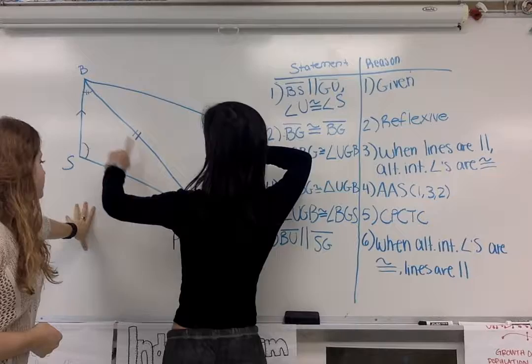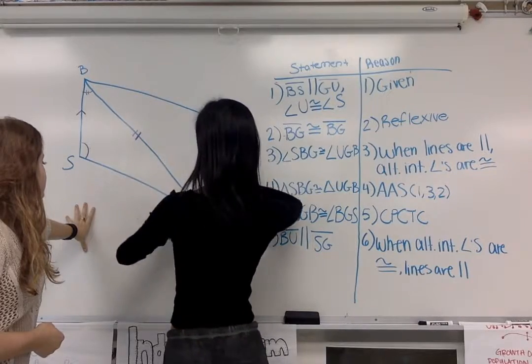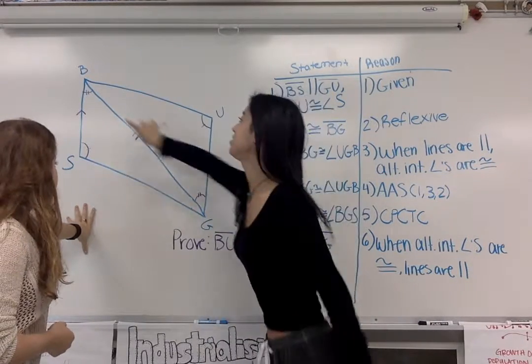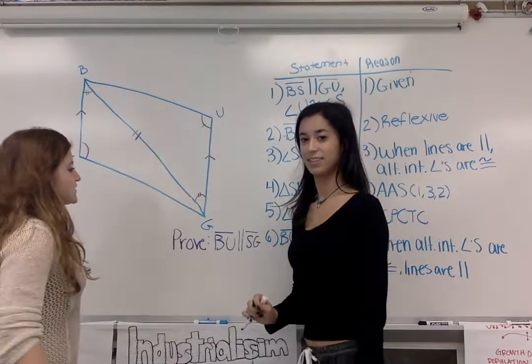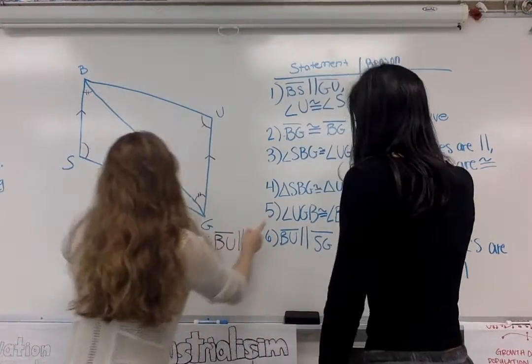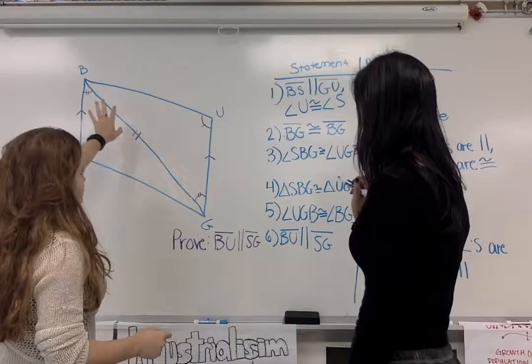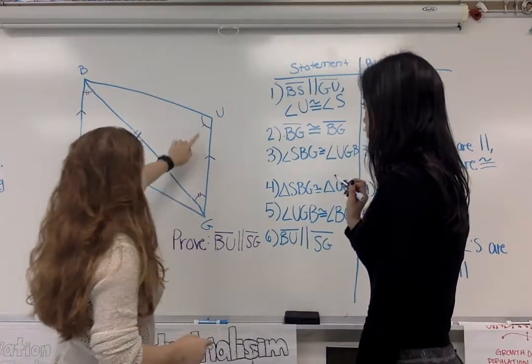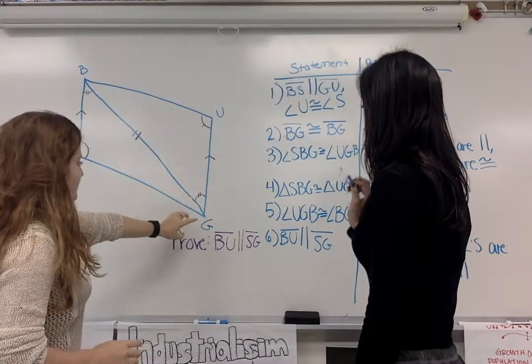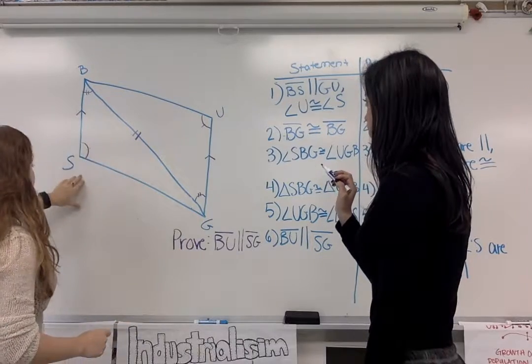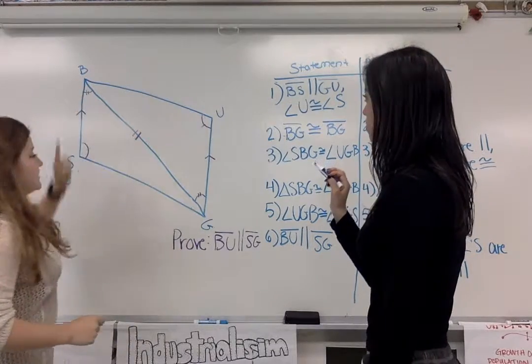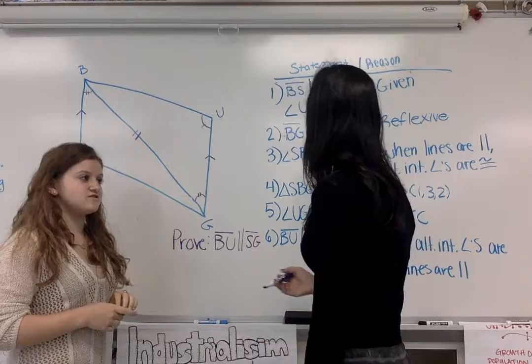UGB and SBG are congruent because they are alternate interior angles. So shouldn't we fix this to say that the angle UBG is congruent to angle SGB because of alternate interior angles?